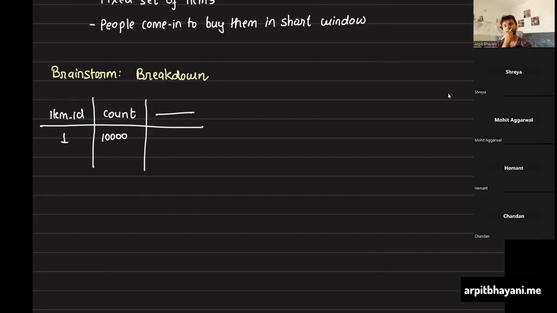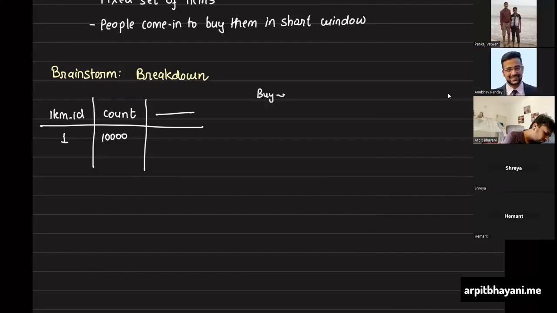Okay, so we are just going to reduce the count when somebody clicks on buy. Or maybe what we can do is we can have a total count and then sold count, just to keep track of how many items we had.